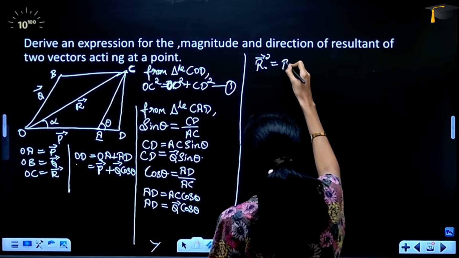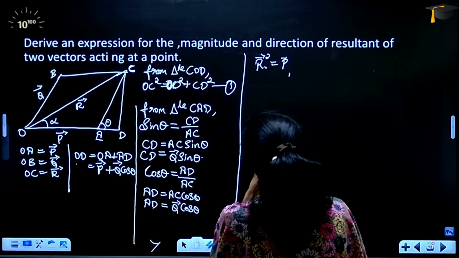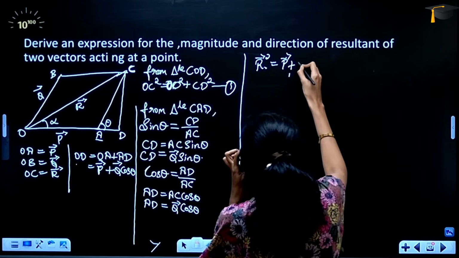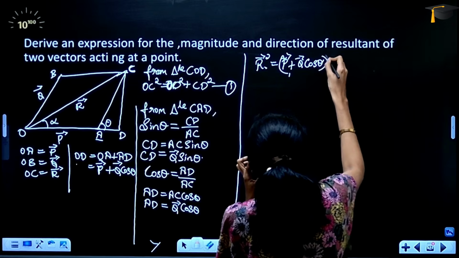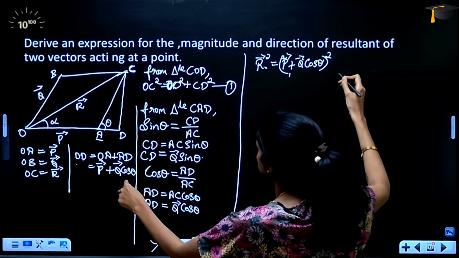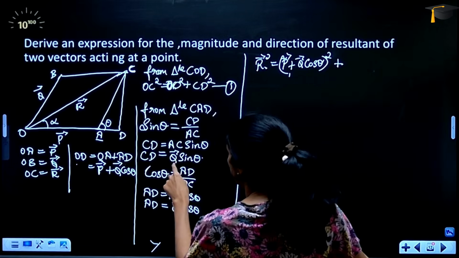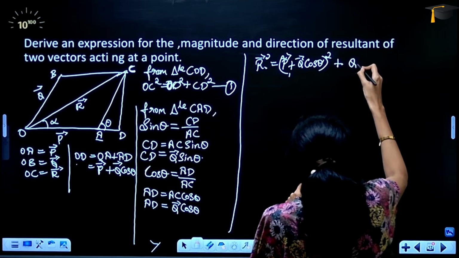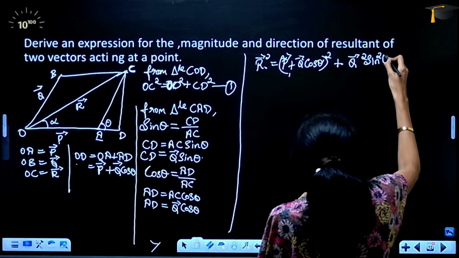It is vector P plus vector Q cos theta, the whole square. So that's OD square, right? OD square plus CD square. What is CD here? It is Q sine theta. So directly I'll take this as vector Q square sine square theta.